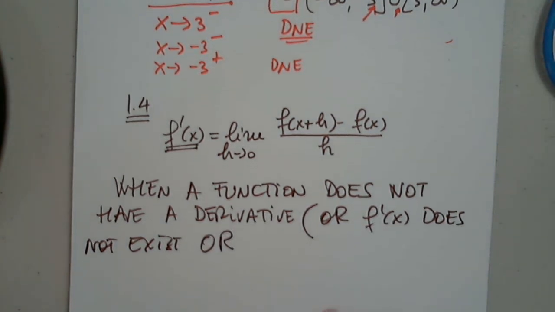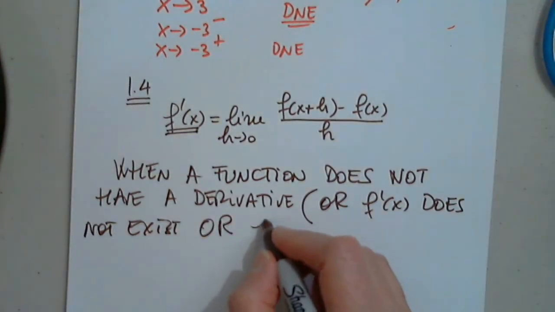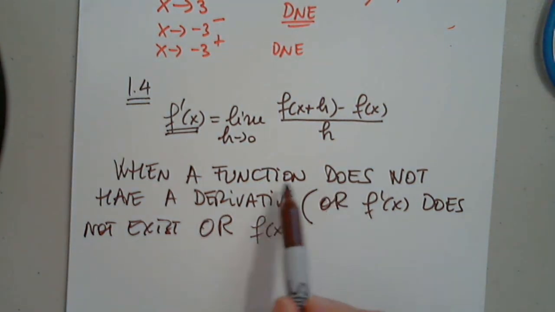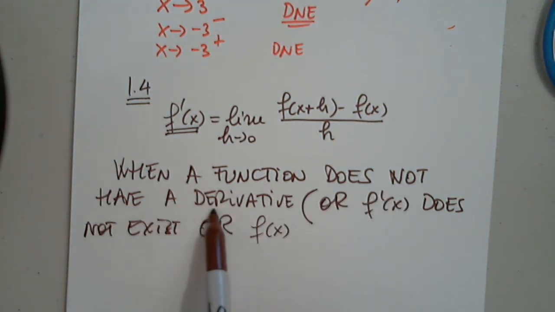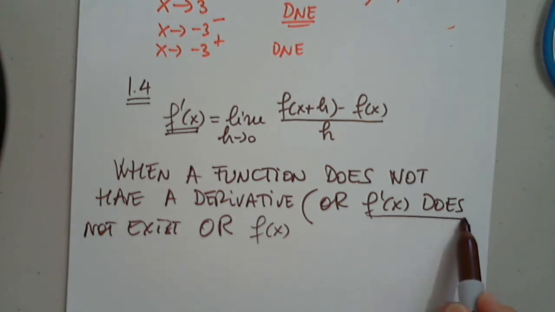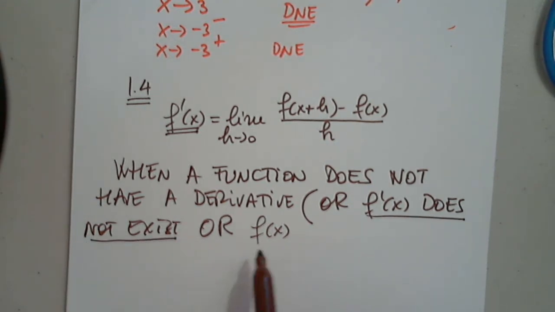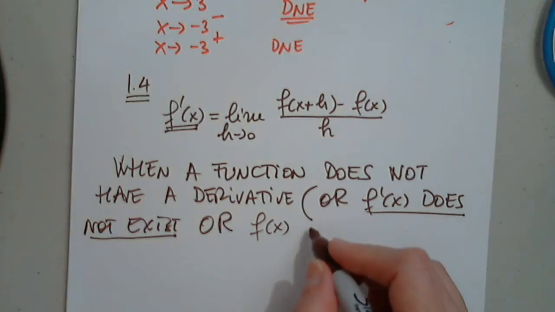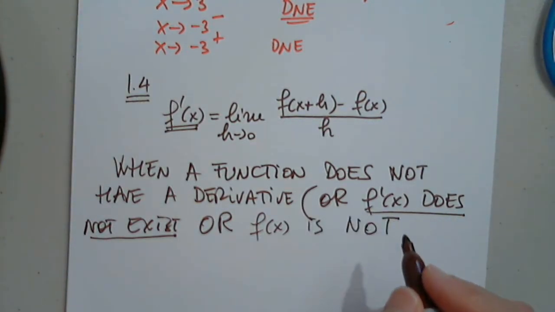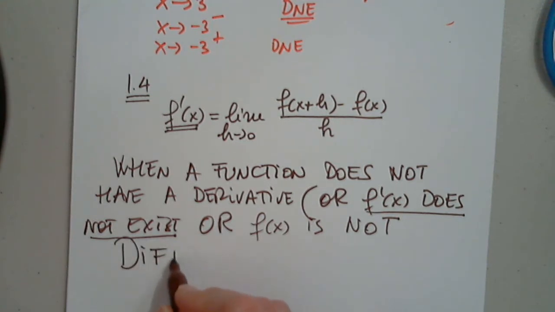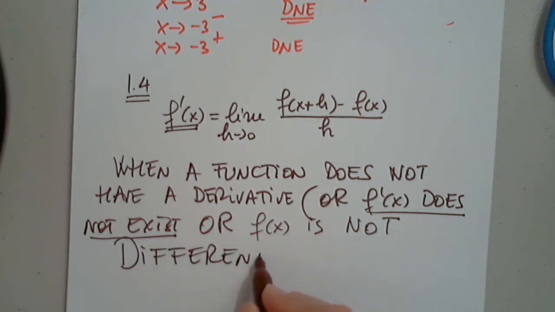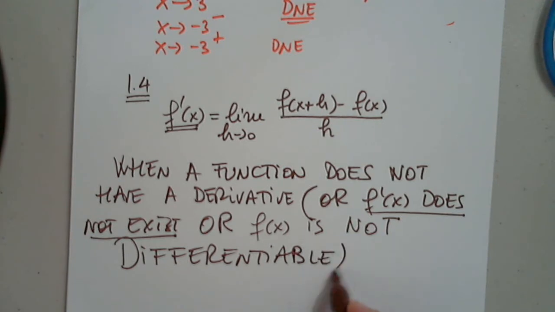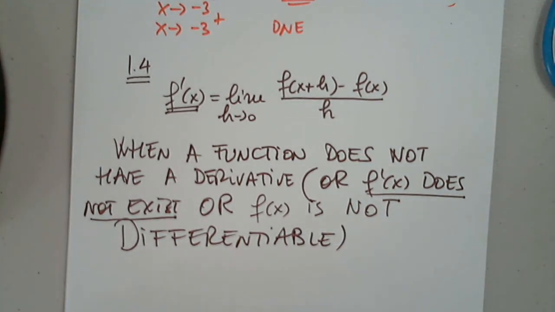You either say the function does not have a derivative, or f prime of x does not exist, or, and this is very important to remember, f of x is not differentiable. I accept any of these three. All these three mean the same thing.